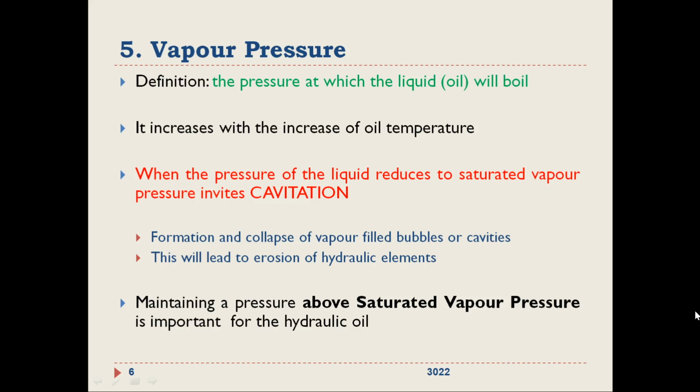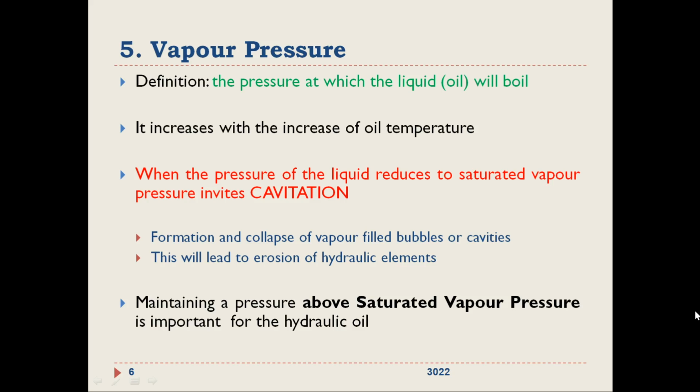These bubbles are carried away along the flow, and whenever there is a sudden rise in pressure at some location, what will happen? Obviously, these bubbles will collapse. Due to that very high increase in pressure, there will be a lot of damage in the conduit where the fluid is flowing. This is especially important in the case of turbines and pumps.